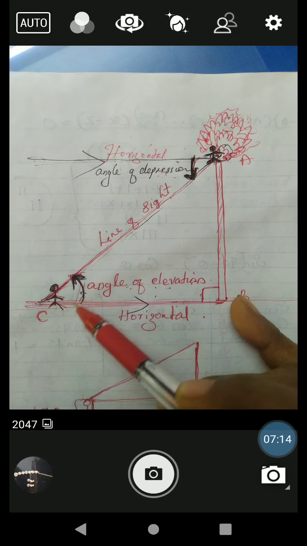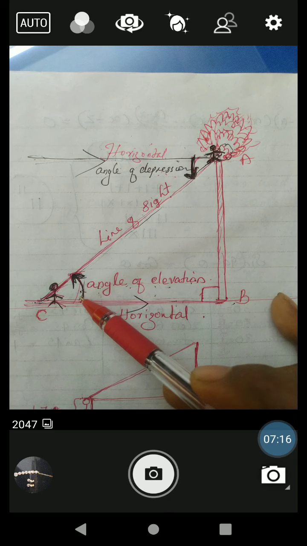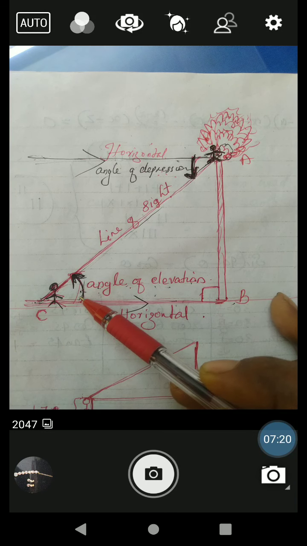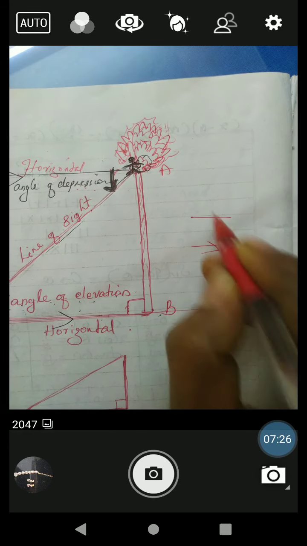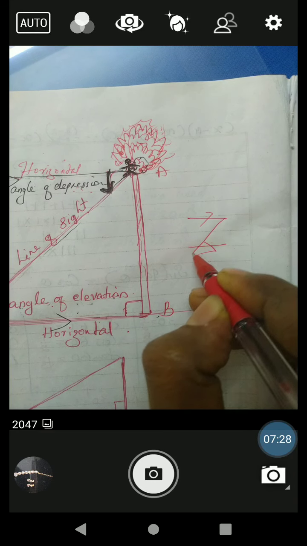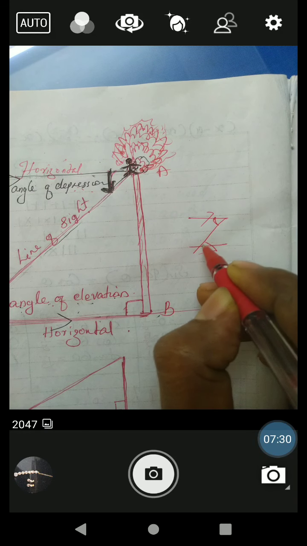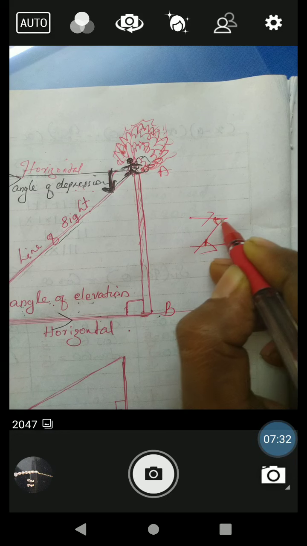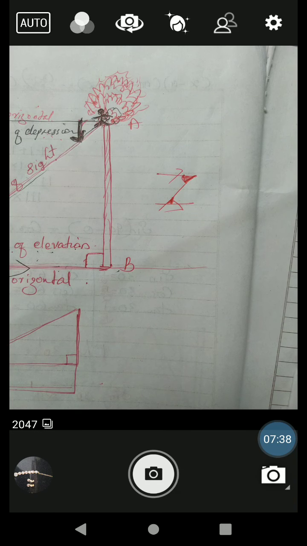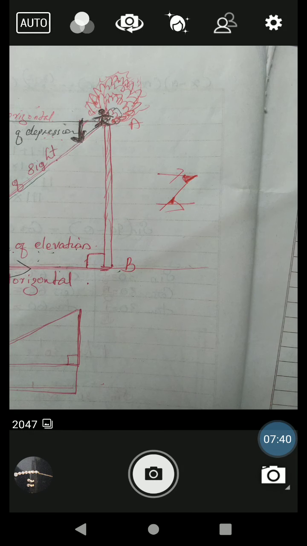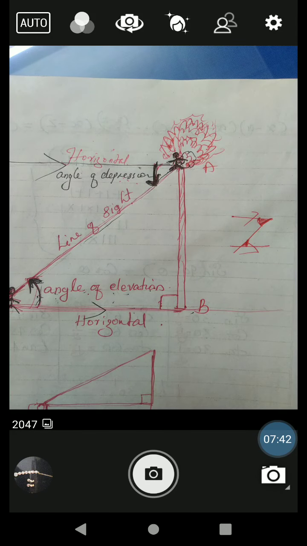These two angles are interior alternate angles, and we know interior alternate angles are equal when a transversal cuts two parallel lines. That we learned earlier. Therefore, we can conclude angle of elevation is equal to angle of depression.